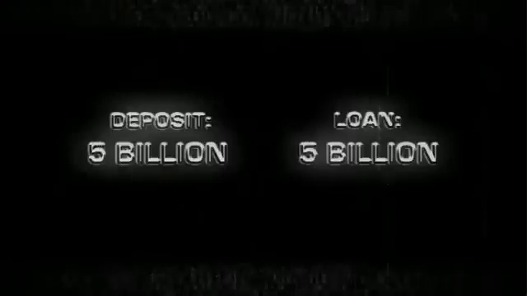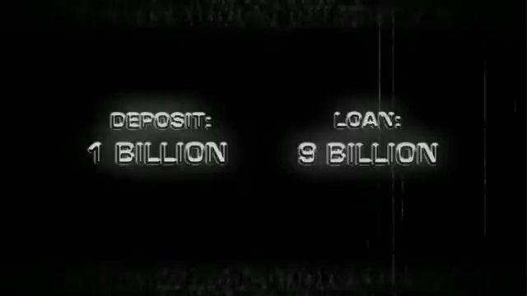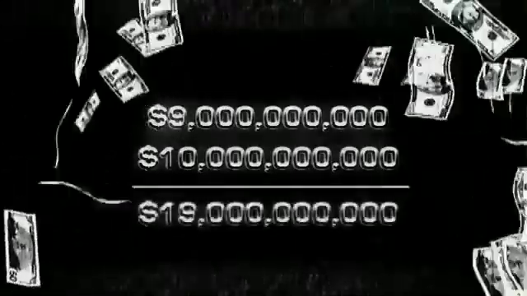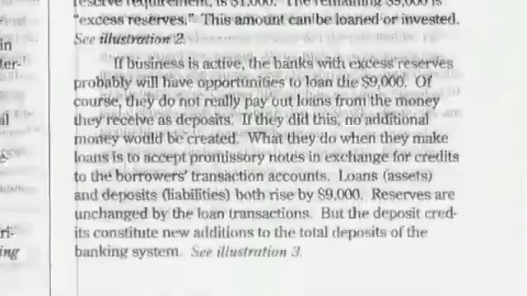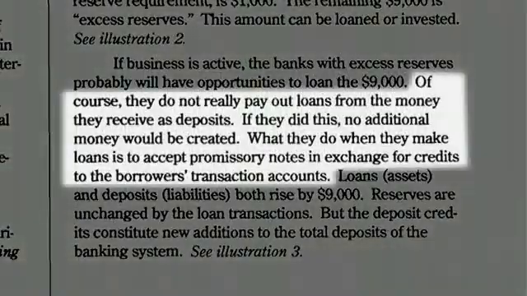Now, it is logical to assume that this $9 billion is literally coming out of the existing $10 billion deposit. However, this is actually not the case. What really happens is that the $9 billion is simply created out of thin air on top of the existing $10 billion deposit. This is how the money supply is expanded. As stated in Modern Money Mechanics, of course they, the banks, do not really pay out loans from the money they receive as deposits.